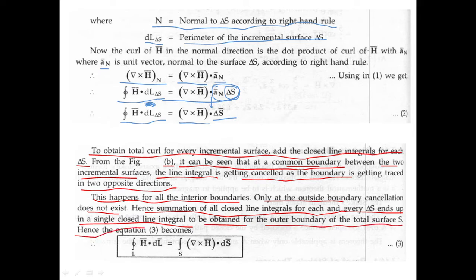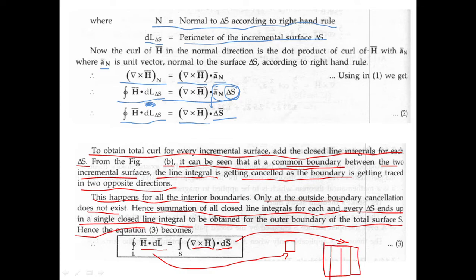Hence equation 3 becomes: the line integral of h vector dot dl vector will be equal to curl of h vector dot ds vector. The small boxes we saw in the previous one relate to the curl of h vector for the entire surface.